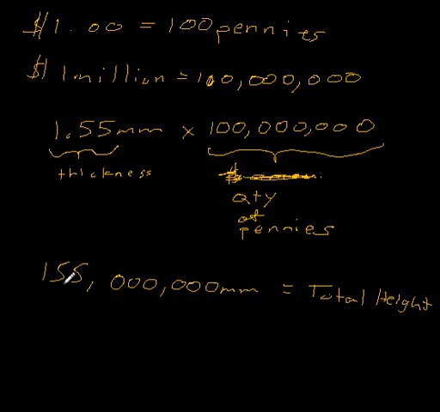But how do we set this up in scientific notation? Think of this. The decimal needs to move, so I have 155 million millimeters. But I can start to set this up into scientific notation.